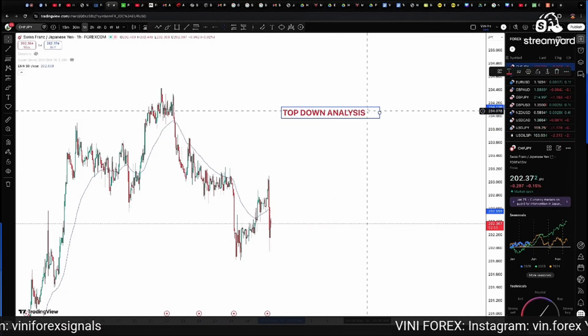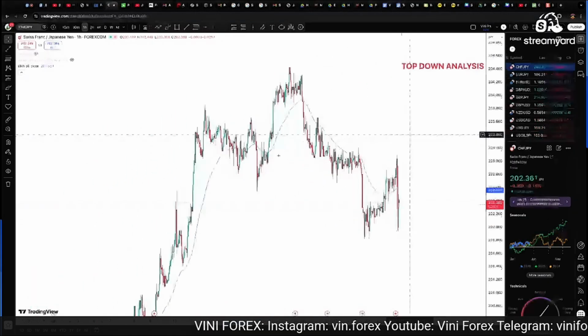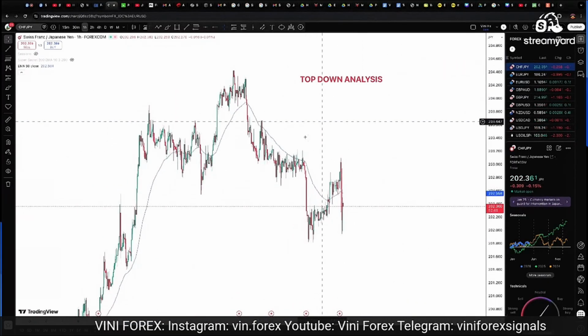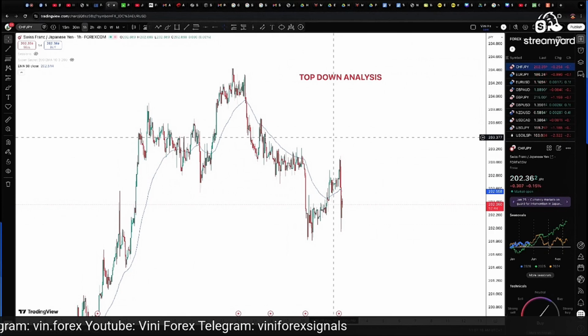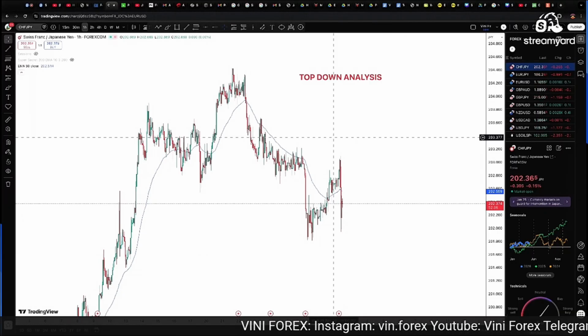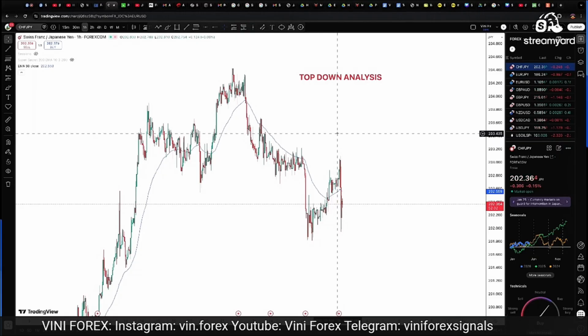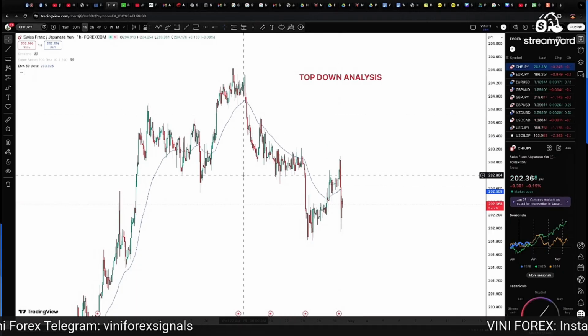What does top-down analysis mean? It means to analyze the market starting from the higher time frame and gradually coming down to the lower time frame. Do you understand?